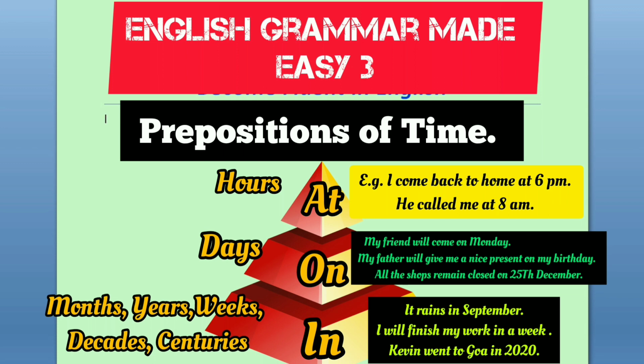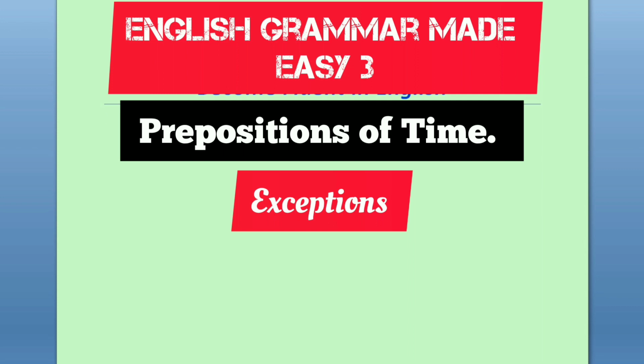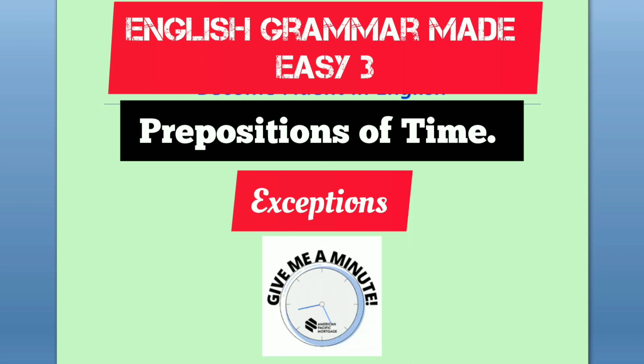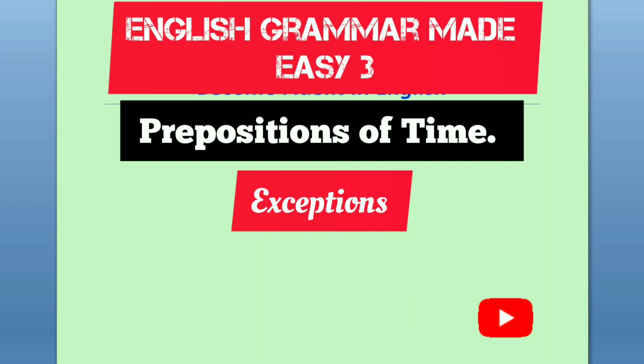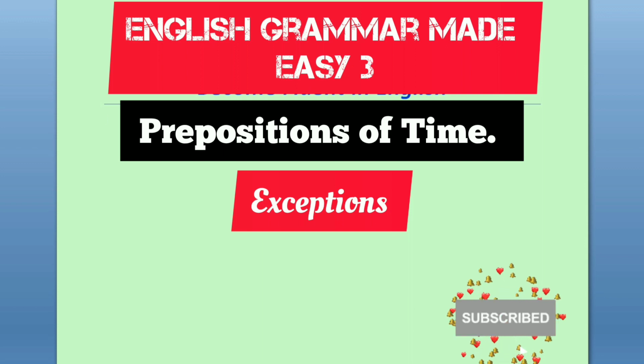So let me quickly go ahead and talk about a few exceptions. There are some exceptions, especially when it comes to minutes. When we talk about minutes, we use in before it, we do not use at. When you talk about hours, we use in. So you can say in 4 minutes, as you see on your screen, the example is given: in 4 minutes.